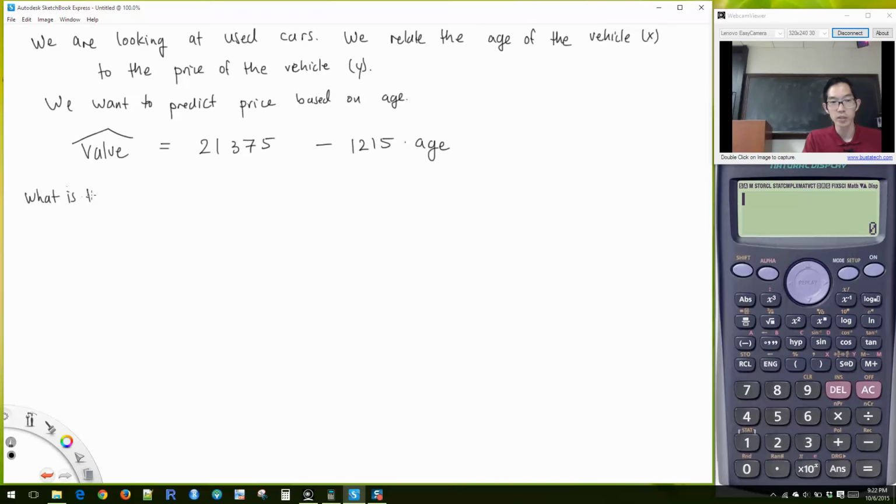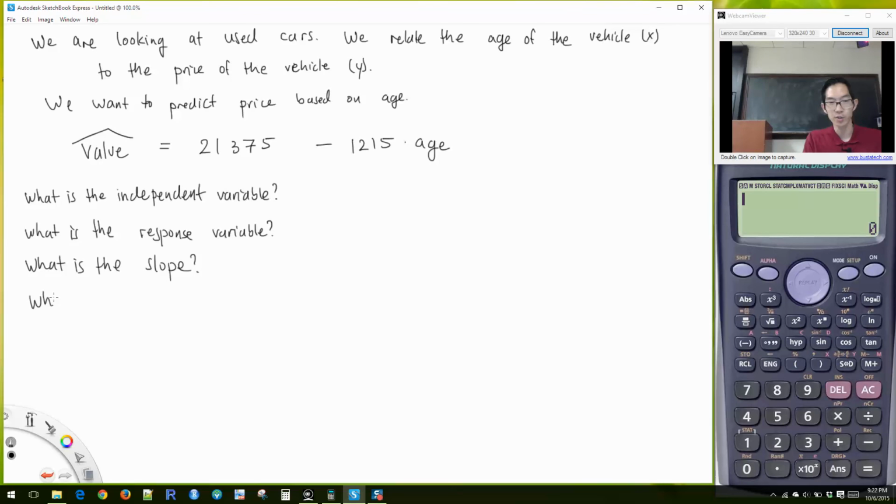What is the independent variable? What is the response variable? Okay. What is the slope?